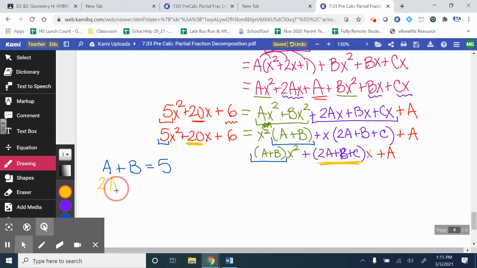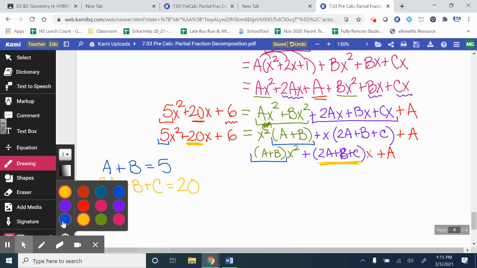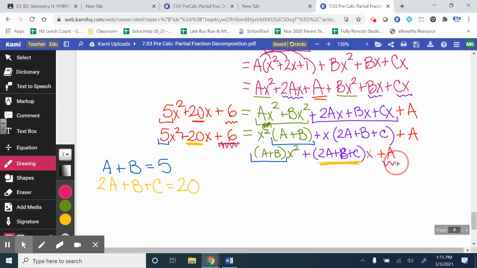So that's my second equation. 2a plus b plus c has to equal 20 because that's the coefficient on the left-hand side. And then we have our 6, that one's our squiggle, has to equal our constant on the right-hand side, which is a. So a has to equal 6.